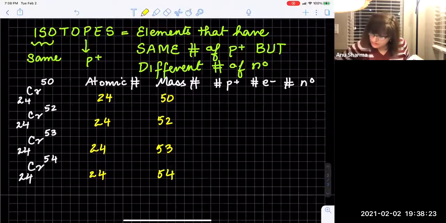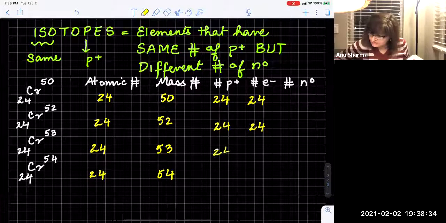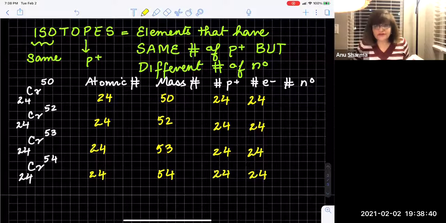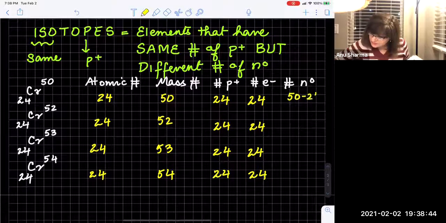So how many protons are there? All of them will have the same number of protons, and the protons and the electrons are the same. So 24 protons, and for neutral atoms, 24 electrons. So that's all same. But the number of neutrons is going to be different. Now what is that? 50 minus 24.